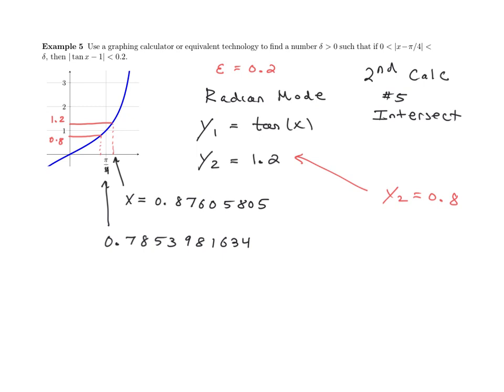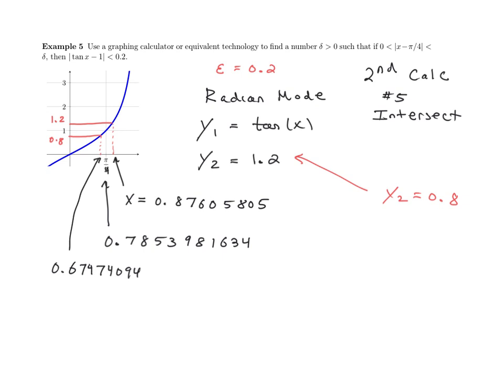Okay, so it still says first curve, and I'm going to move the cursor over until we're pretty close to this spot here, and I'm going to hit enter. It says second curve, and so I'm just going to hit enter again. Guess, I'll hit enter one more time, and it gives me that this value here is 0.67474094.